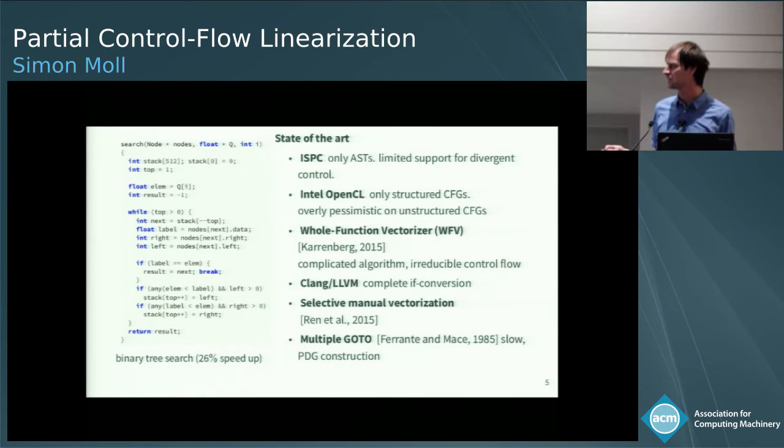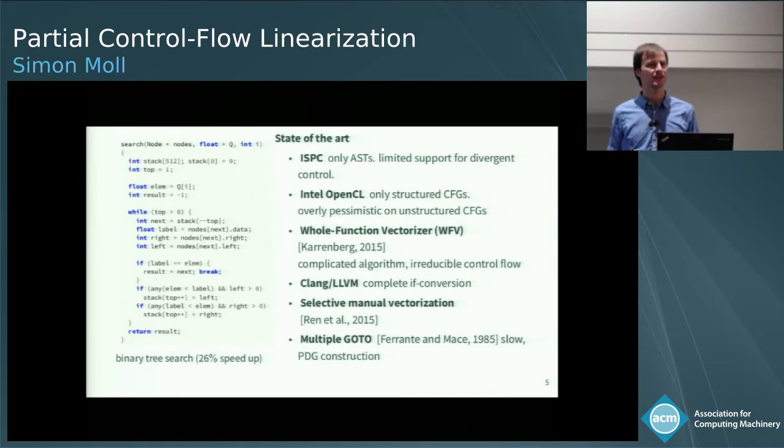You have the approach by Intel and OpenCL, which requires some structure in the control flow graph, and if you do not have that structure, well, then you will get overly pessimistic results. Then there's also an approach by Karrenberg in 2015 implemented in the whole function vectorizer, but that is prone to irreducible control artifacts, and it's a very complicated algorithm.